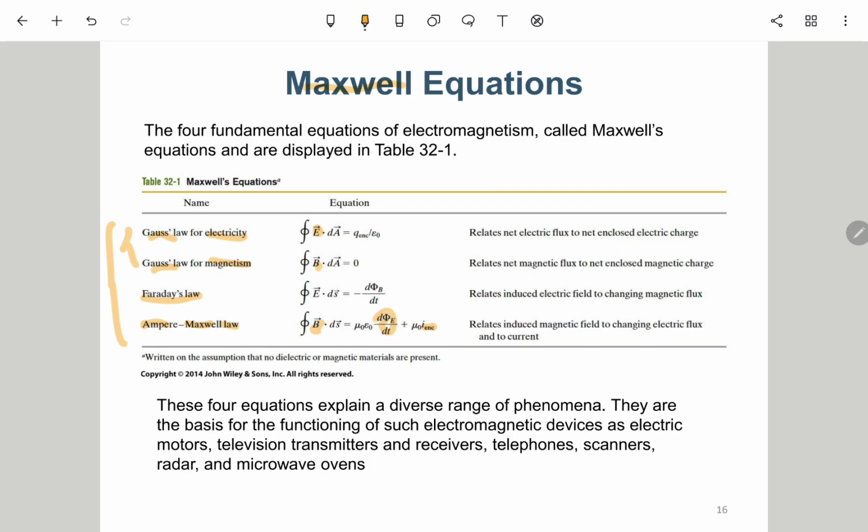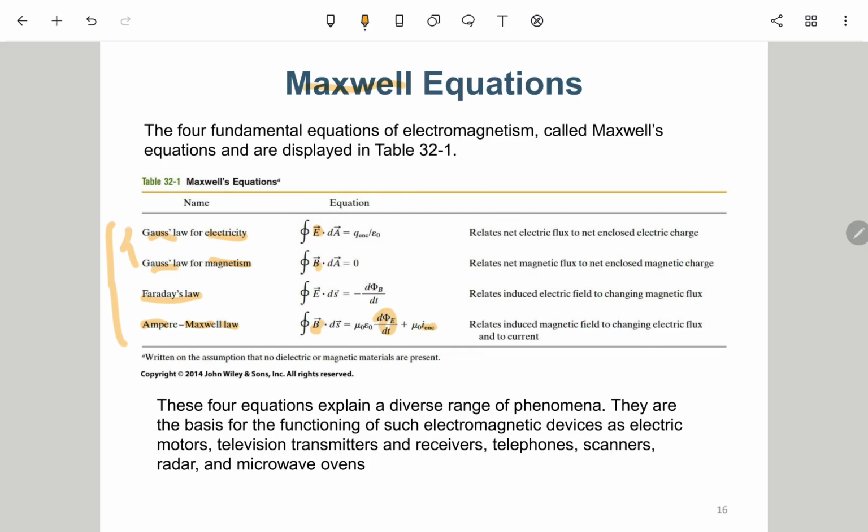But Maxwell summarized that if we really need to solve any problem related to the electromagnetic field, these four laws are sufficient. These four laws are sufficient to solve anything related to the EM field.